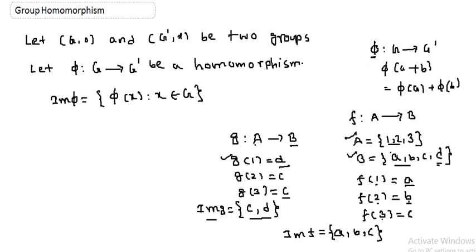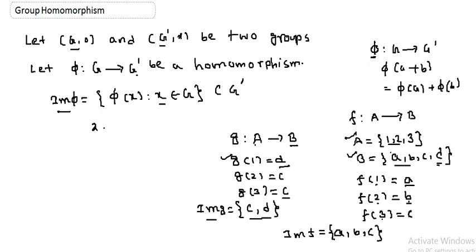Similarly, here is the definition. If we have two groups G and G dash and phi is a homomorphism, then the image of phi is a collection of points of G dash. You can see that this is a subset of G dash consisting of the points where the points x of the set G are mapped.